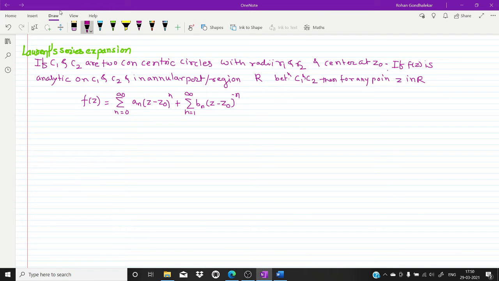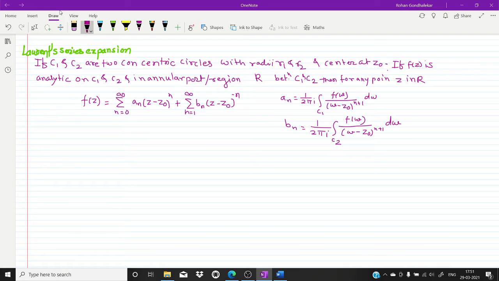And a n will be given as 1 upon 2 pi i integral over C1 f of omega upon omega minus z naught raised to n plus 1 d omega, and b n is also the same, but on the circle C2: integral over C2 f of omega upon omega minus z naught raised to minus n plus 1 d omega.